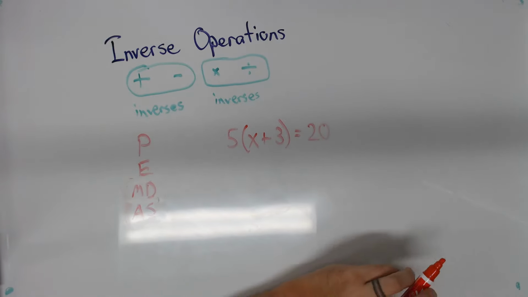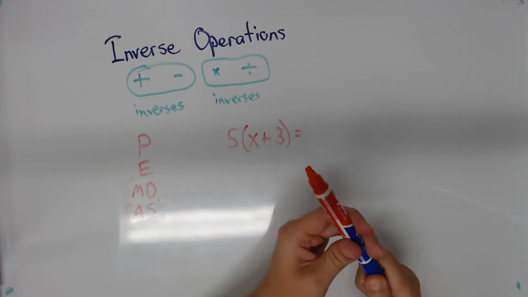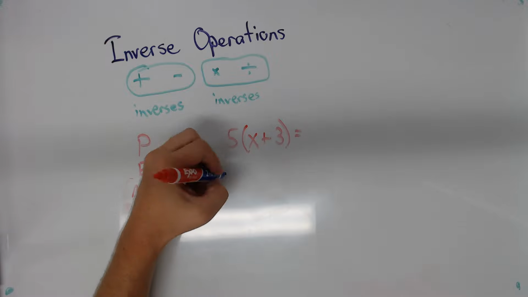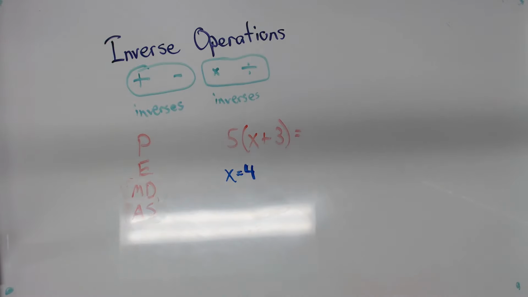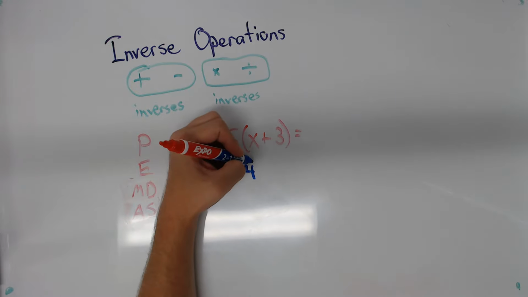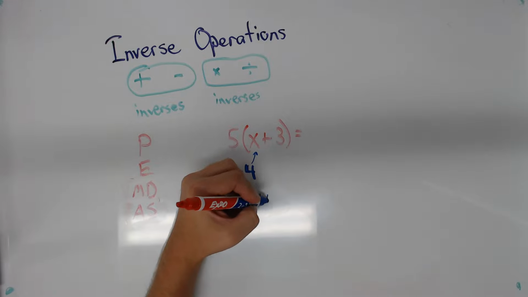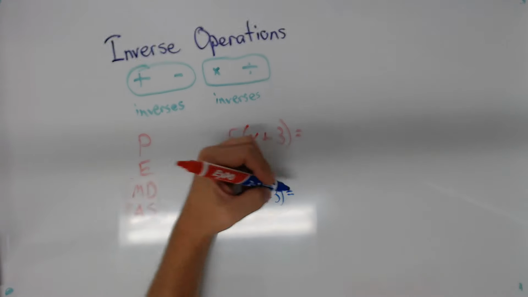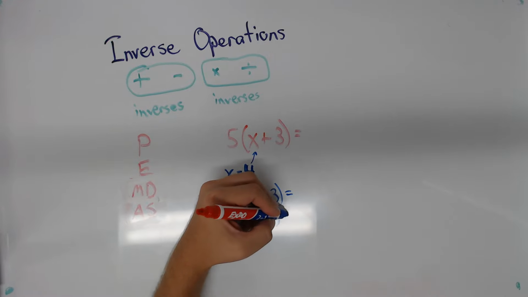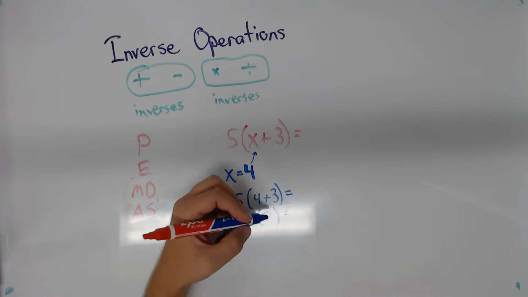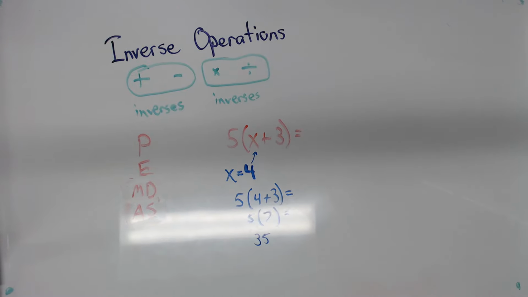If I get rid of this 20 and tell you to plug in x equals 4, what are you going to do with it? We want to replace x with 4, and then follow order of operations. We start inside the parentheses. 4 plus 3 is 7. Then we get to multiplication. 5 times 7 is 35. And that would be what we come out to.